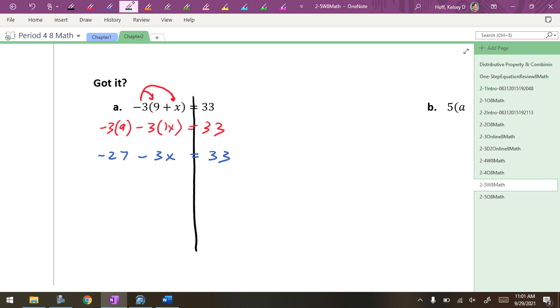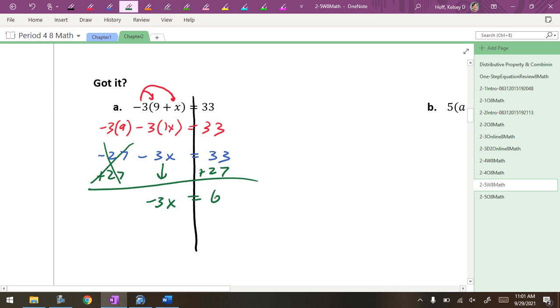Next step, add 27. -3x equals 60. Then divide by -3. x equals -20. Don't lose your negatives.